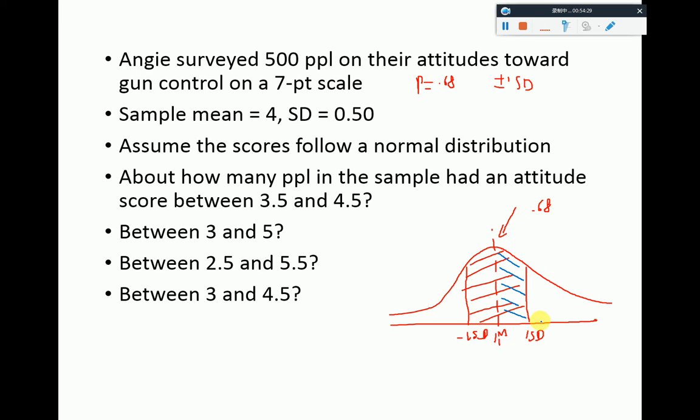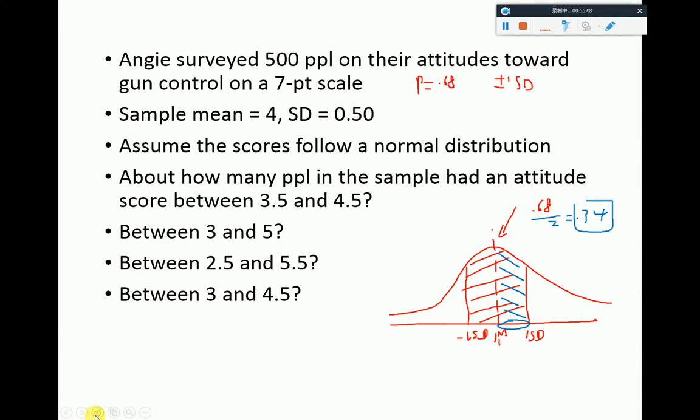If the entire area is 0.68, then what is half of it? Because the shaded part is also symmetrical around the mean. So we divide it by 2. That will be 0.34. So the probability of observing any value that's greater than the mean but smaller than 1 standard deviation above the mean, within this interval, is about 0.34.